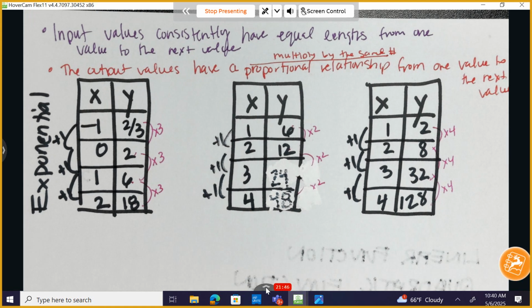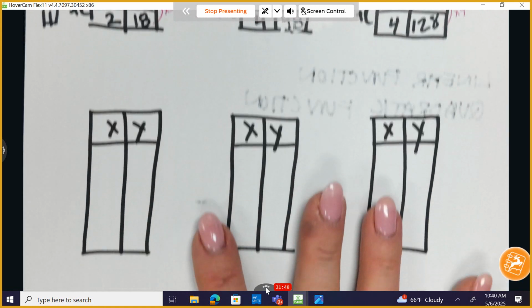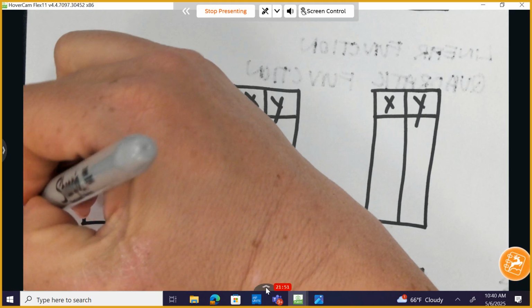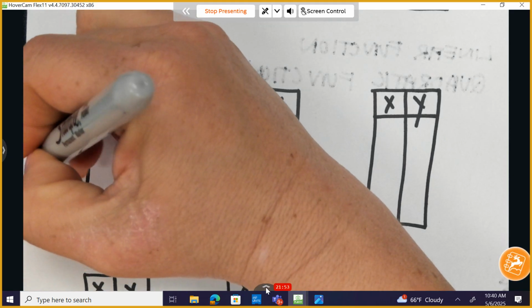Now you're learning about something that's brand new that you maybe have never heard of unless you took notes yesterday. Please come off the side, write logarithmic.